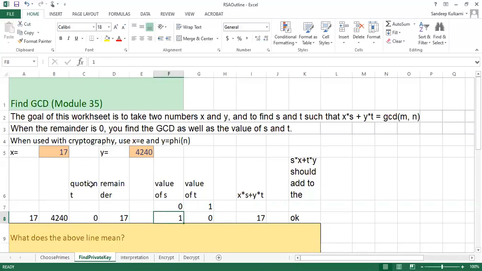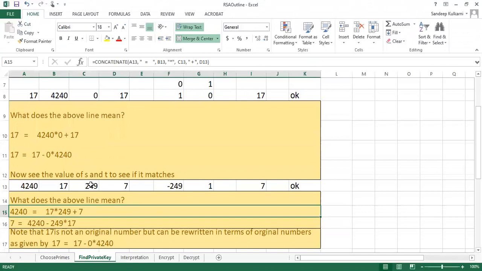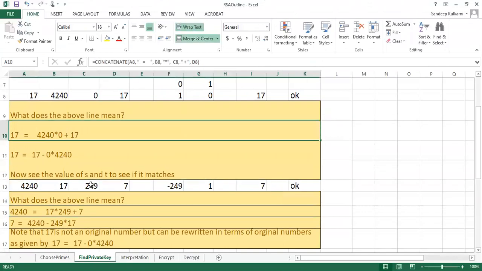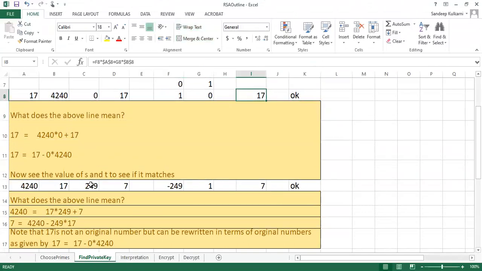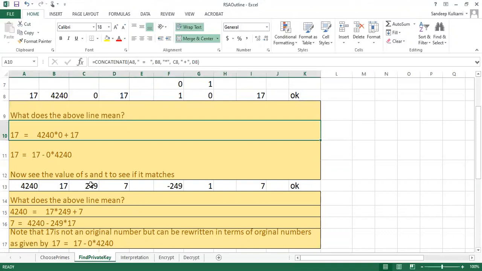In this case, the value of s is 1, the value of t is 0, and I want to look at how I'm finding these numbers. First observation I want to make is that remainder is 17 and quotient is 0, which means that 17 is equal to 4240 times 0 plus 17, this line over here.